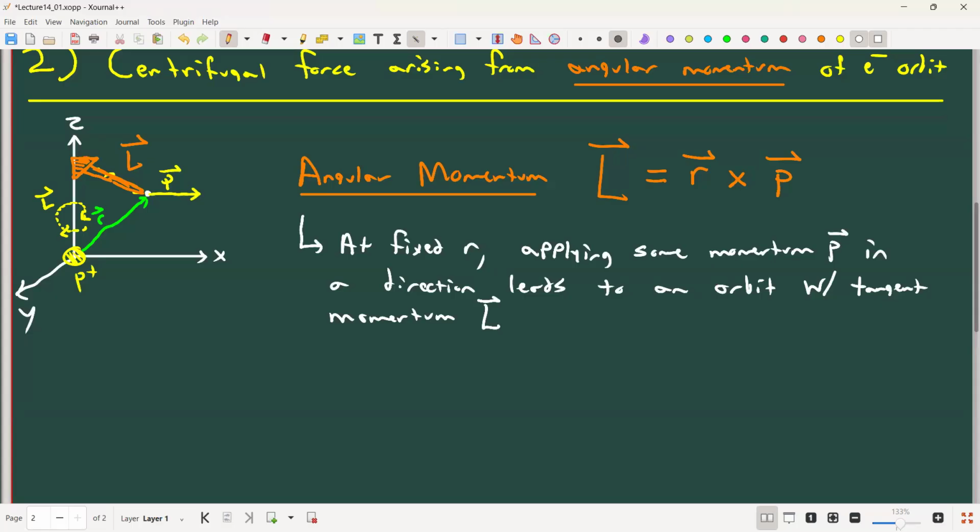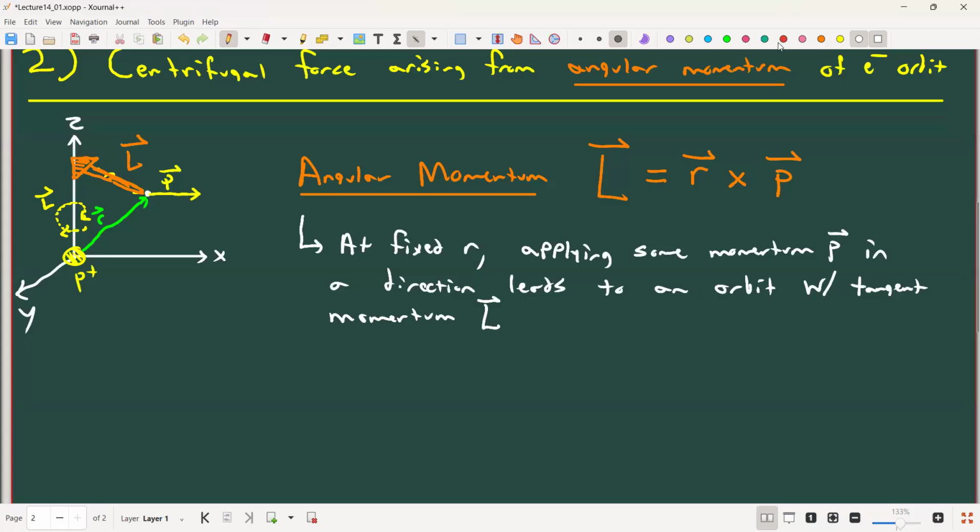Some of the kinetic energy has been taken away from the sucking motion of the proton and electron, the radial motion, and applied to the orbit. So we have some balance of these two forces: the force arising from the momentum of the orbit, and the force of the electrostatic attraction bringing it together. And those are in opposite directions.